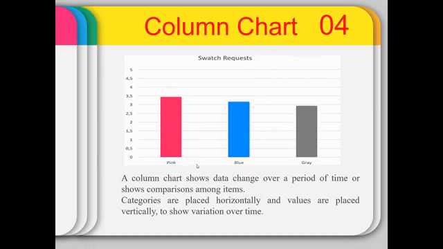Categories are placed horizontally and values are placed vertically. Here in this chart, color names are categories and numbers are values from 0 to 5.